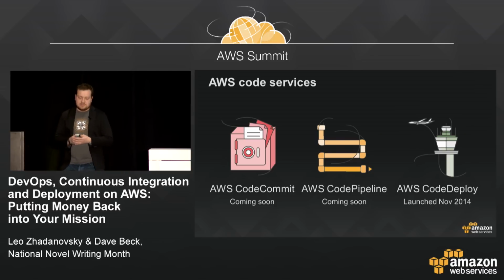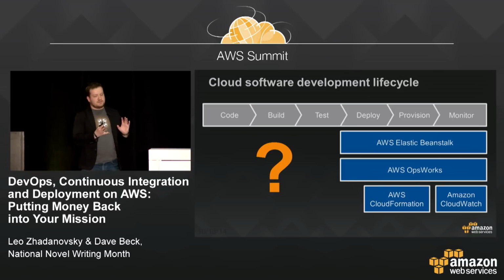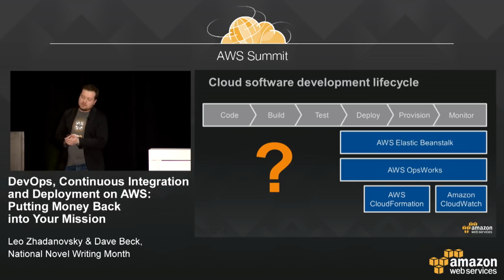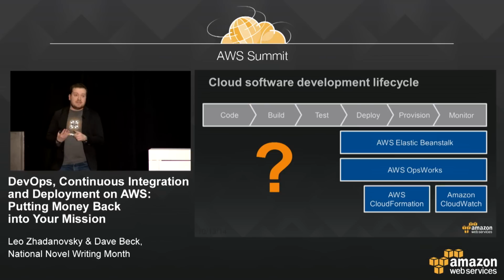So let's talk about these services. Before we announced these services, we had the following tools that are in this chart. We had tools that allowed you to deploy your code, provision your infrastructure and monitor your code. You could use Elastic Beanstalk to bring up PHP, Ruby, .NET, Python, Node.js, Docker containers.